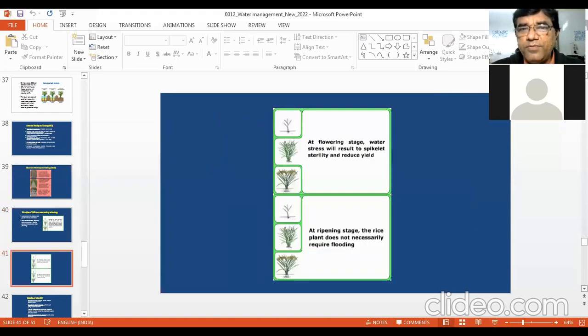At flowering stage, water stress will result in spikelet sterility. Therefore, at flowering stage, the field should be flooded or saturated with water. At ripening stage, there is no need to keep ponded water. So understanding of these stages is important in alternate wetting and drying.